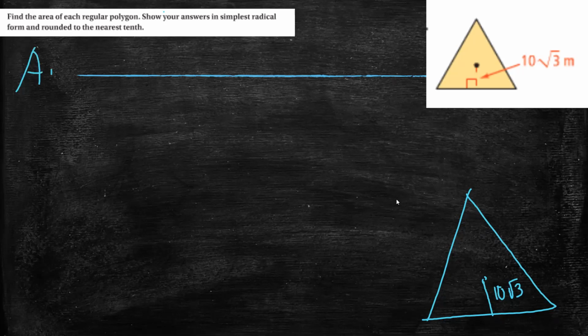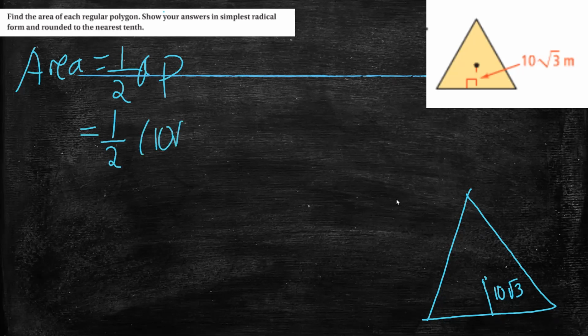So the area now, as we said, is half apothem times P. Half the apothem is given, which is 10 square root of 3. Then I need to find the perimeter.